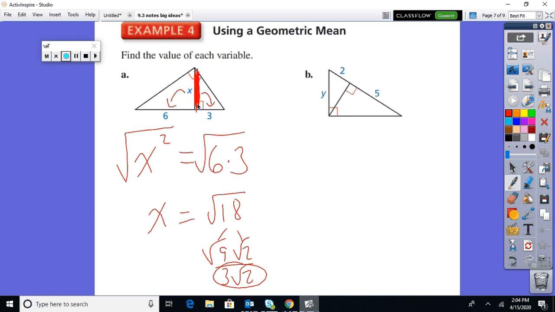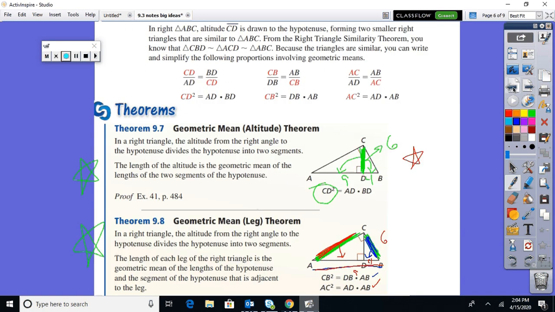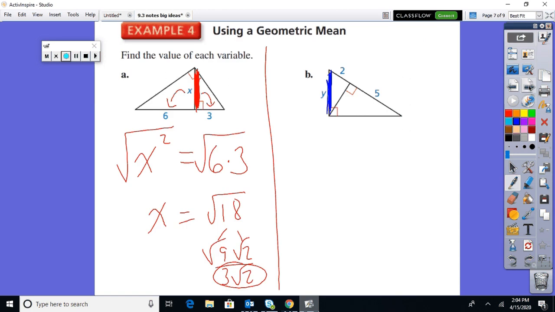Now in part B, I switched tracks, and now I'm looking for one of the legs of the original big right triangle. So I think back to the geometric mean leg theorem. It tells me a leg, so y squared, is the geometric mean between the piece of the hypotenuse it's across from, so 2, times the whole big hypotenuse, which in this case is 7.